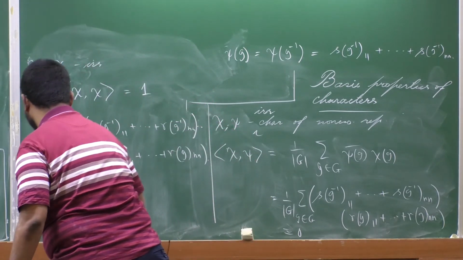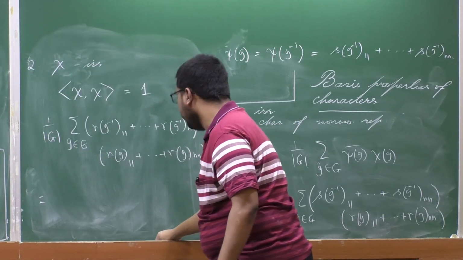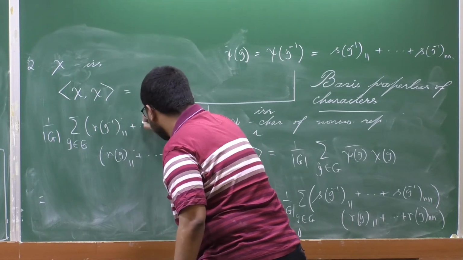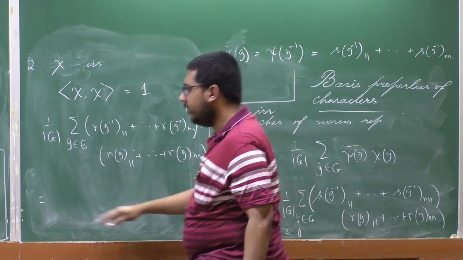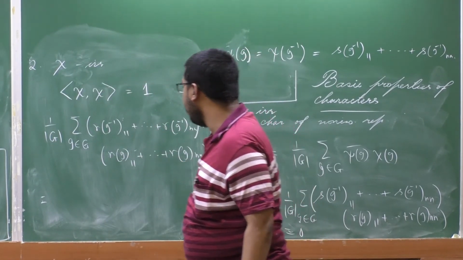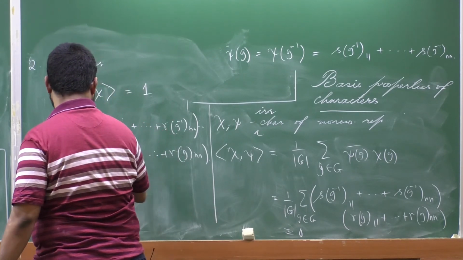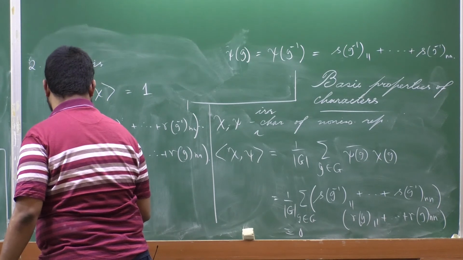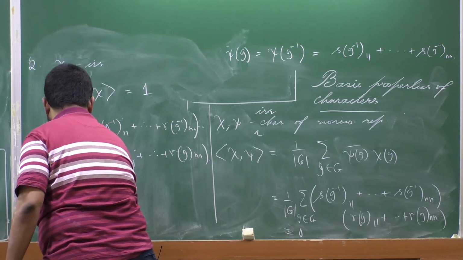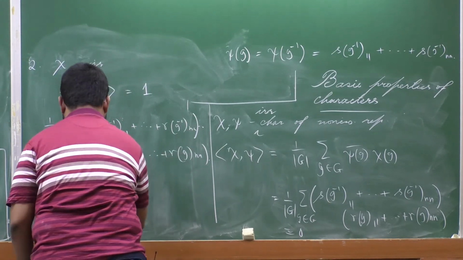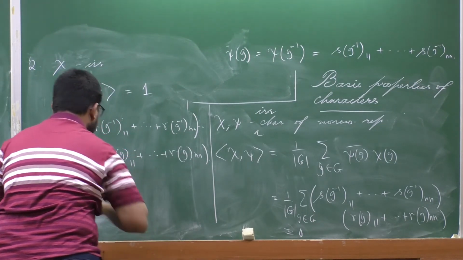So, therefore, you see that only the product of this and this and then this and that, these terms will survive in view of this, and whenever they survive each of these terms will be just n, and these terms will be 1 by n, and we have n many terms, so therefore it will be n.